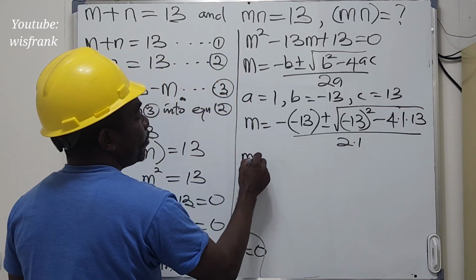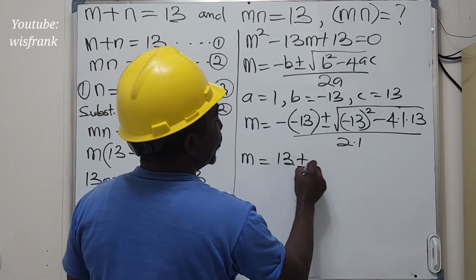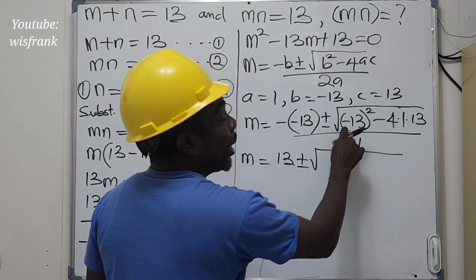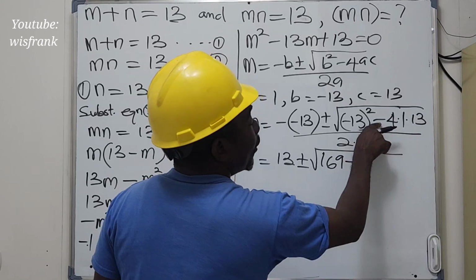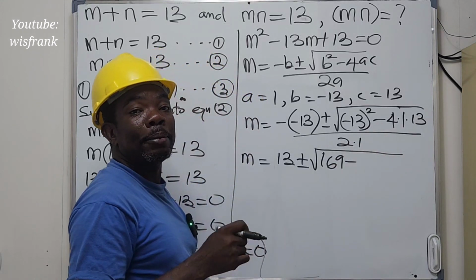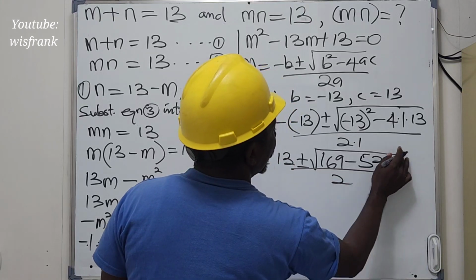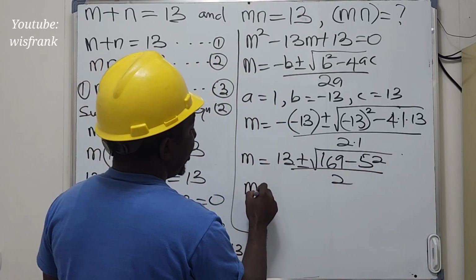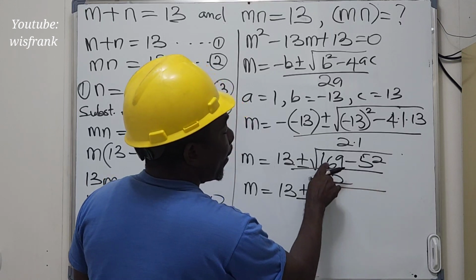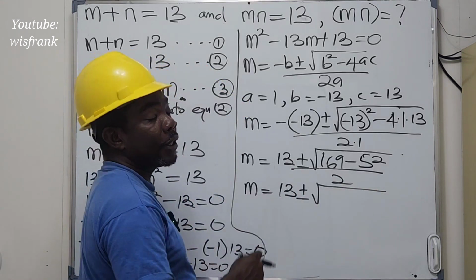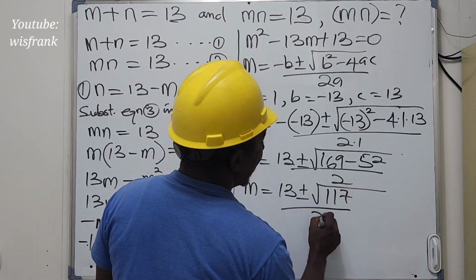So in this case, m equals minus times minus 13 will become 13, plus or minus square root of minus 13 to the power of 2 is 169, minus 4 times 1 times 13 will become 52, all over 2. So in this case, we have the value of m equals 13 plus or minus square root of 169 minus 52, which will become 117, all over 2.